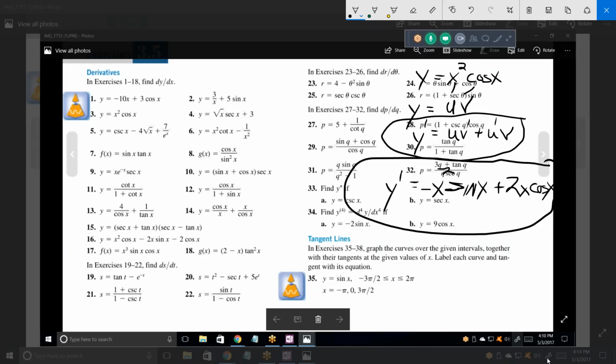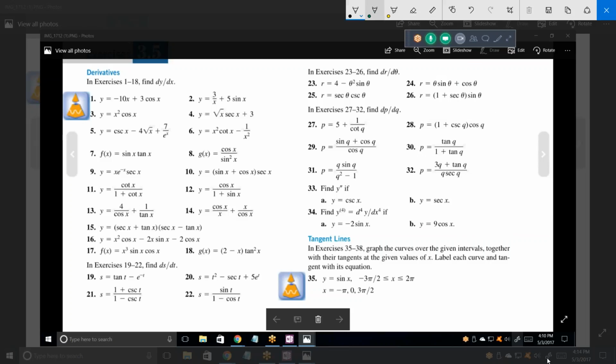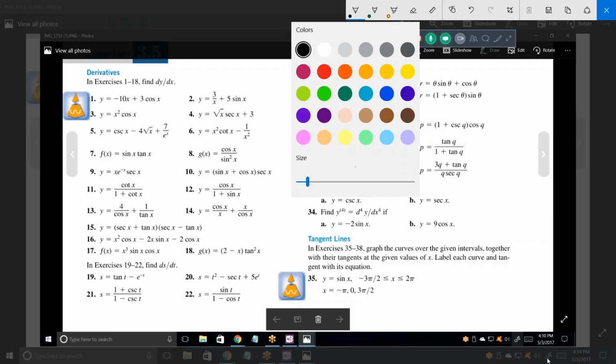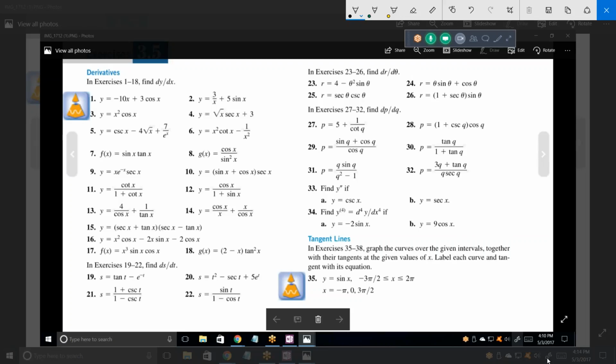Gotcha. Okay. Number 4. Here, again, the things that don't serve you well in calculus are radical signs and variables in the denominator.